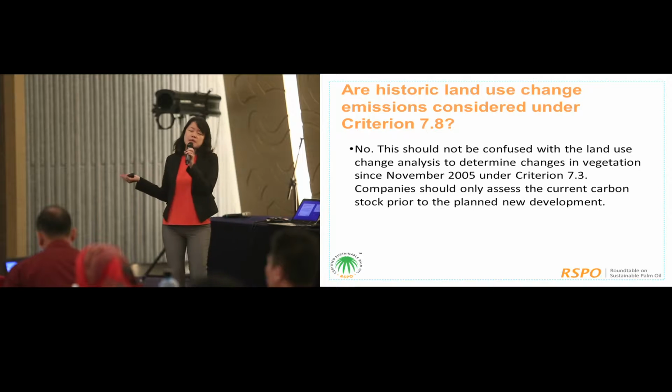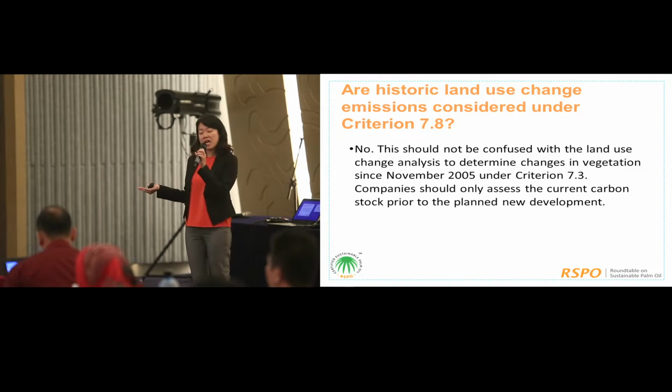This is also one of the common questions that we get, and also when the reports are submitted. Is historic land use change emissions considered under criterion 7.8? No, this is different from HCV, where you're supposed to do a land use change analysis. For carbon, you don't have to do any retrospective assessment.